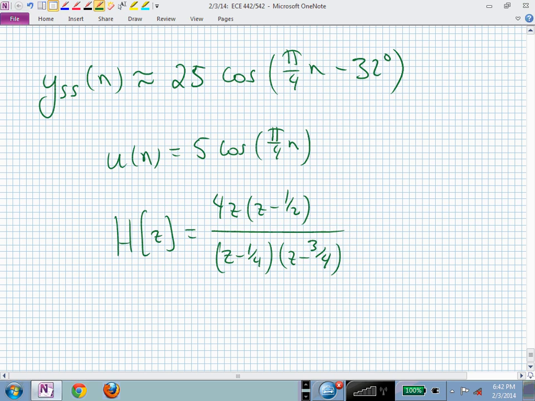What have we done? We're now using the frequency response to find the sinusoidal steady-state response of a linear system. Let me just write that down.